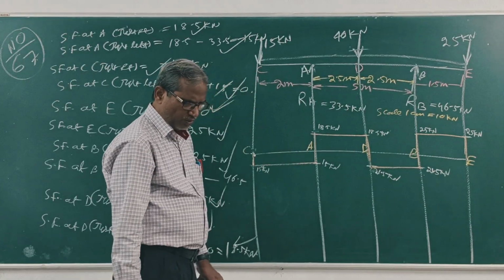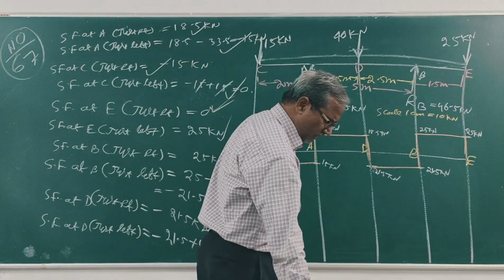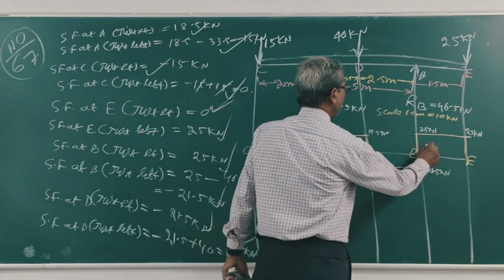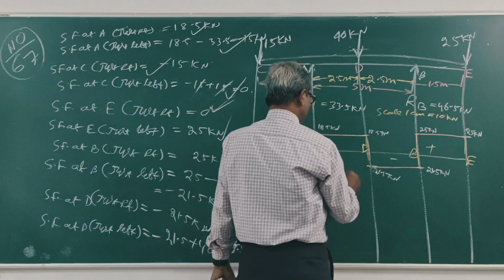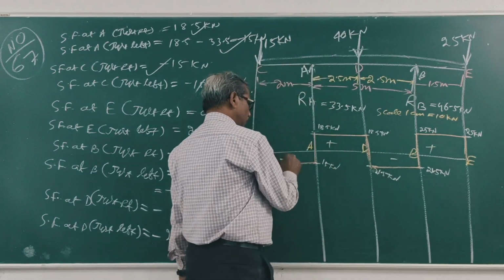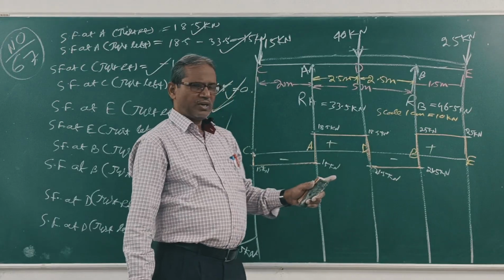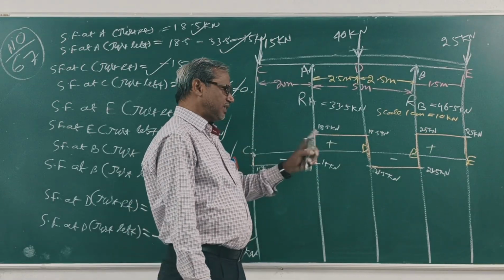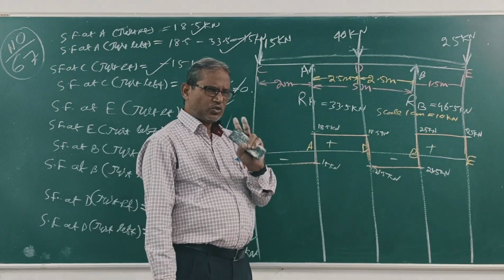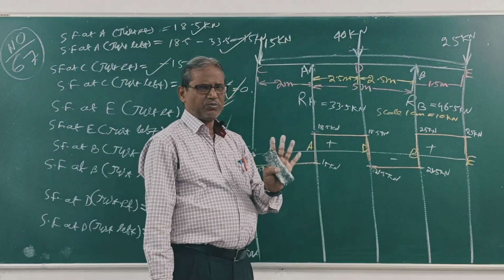Now this is a positive value, this is negative, this is positive, this is negative. So at the two points A and B, the shear force changes sign. So at these two points, the bending moment is maximum. Clear?